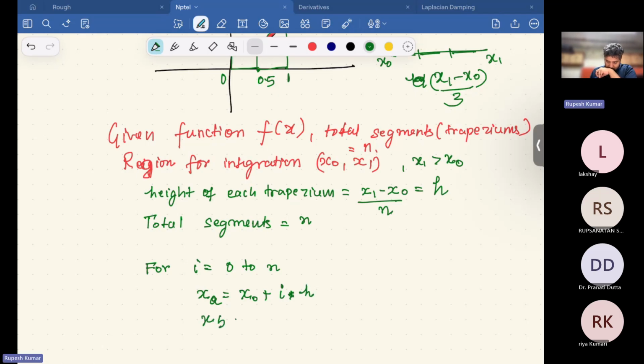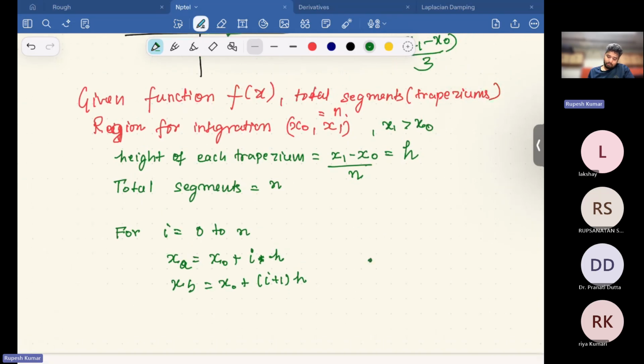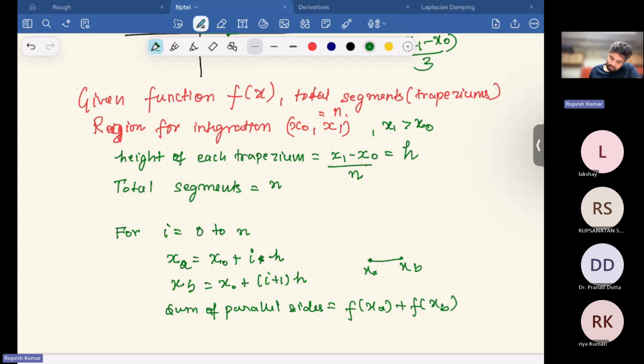And xb would be x0 plus i plus 1 into h, right? So these are x. Now I have a smaller segment xa and xb. Now I want the sum of parallel sides. So sum of parallel sides would be f of xa plus f of xb, right?